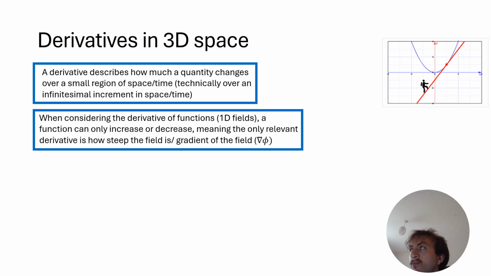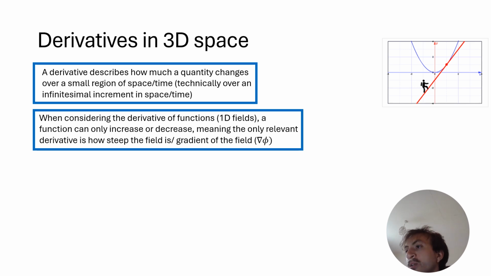You might go, well, we can't have negative values for y, and providing x is a real number, that's true, but at least in terms of positive numbers for y, every number of y has a matching kind of input x. So y equals x squared is an example of a one-dimensional field, as are the kind of functions you'll be quite used to seeing in maths at A level and before.